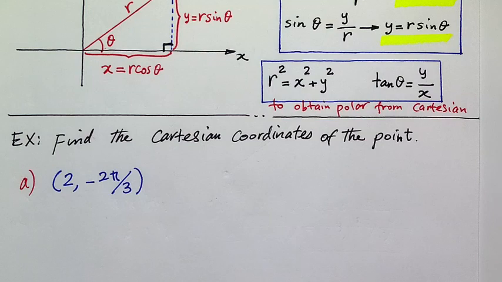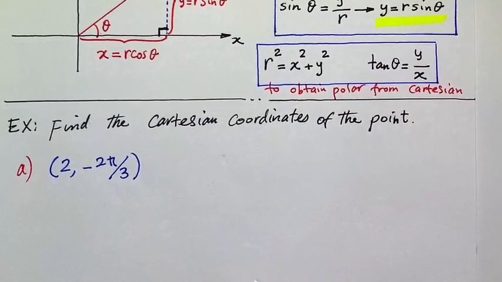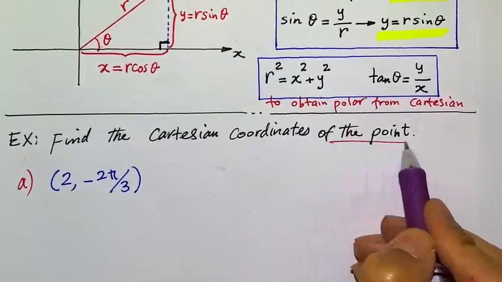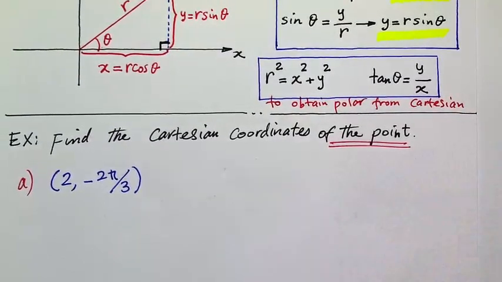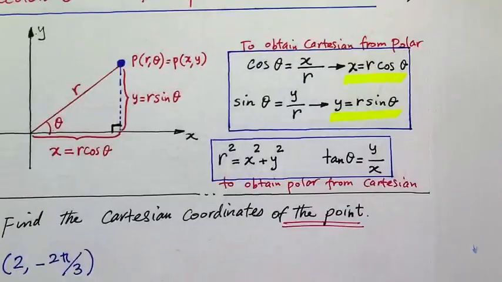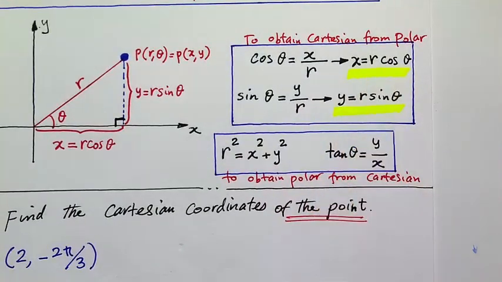Okay, so just be aware of those two main types of examples that we will be working on. It's not just points that we convert between polar and Cartesian coordinates. We have entire curve equations that we can convert back and forth between polar and Cartesian forms. Okay, but in this case, this is a point, not an equation that we're looking for. So we're just going to use these two equations.